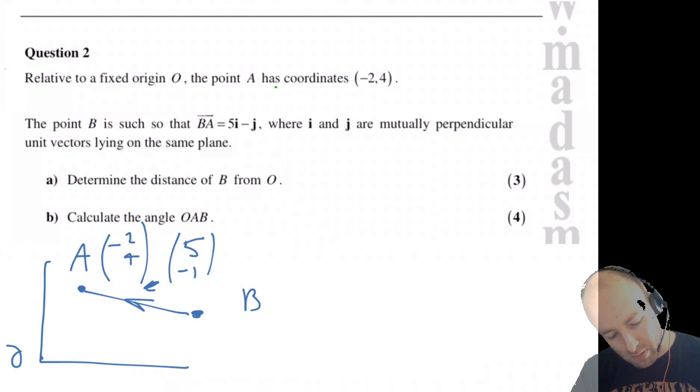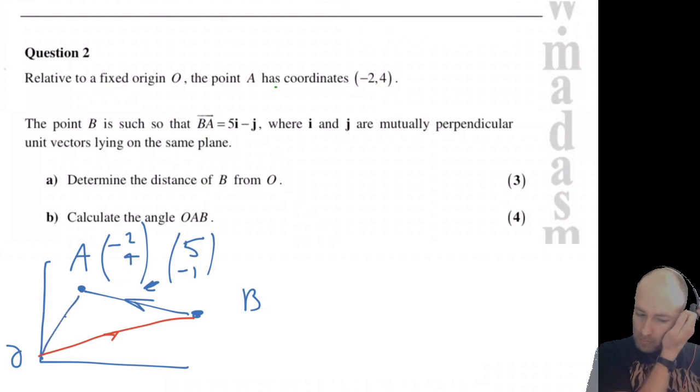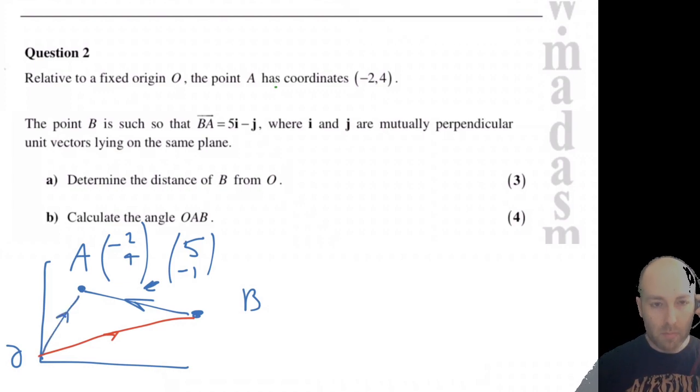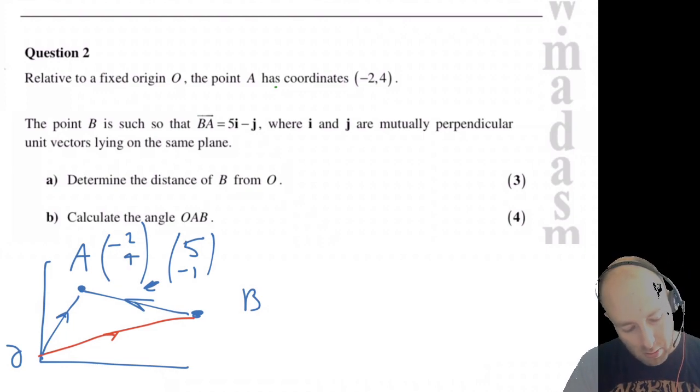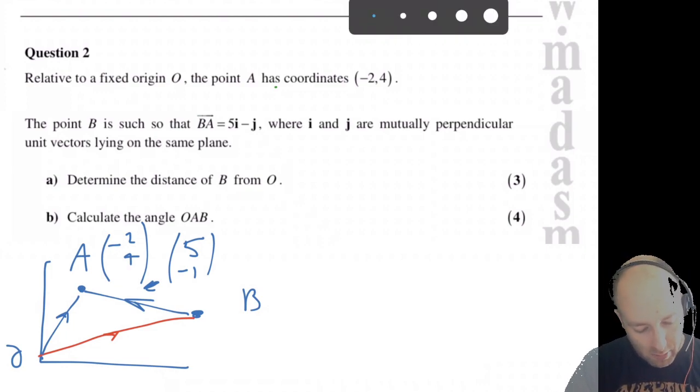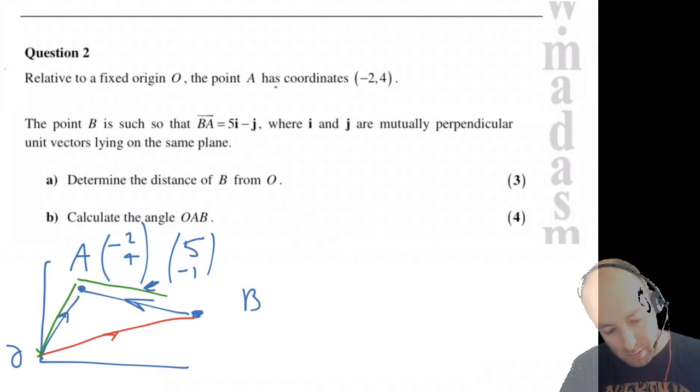So we want to try and find OB, and we also know OA. So if I want to go from the origin to B, which is basically what we're trying to find, I can go O to A, and then A to B. So OB equals OA plus AB.